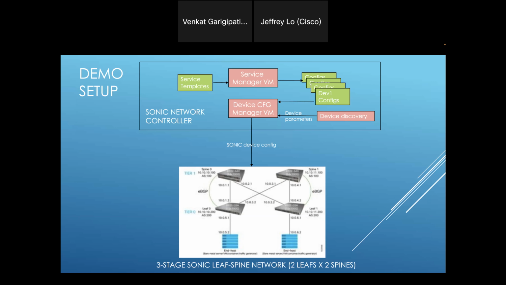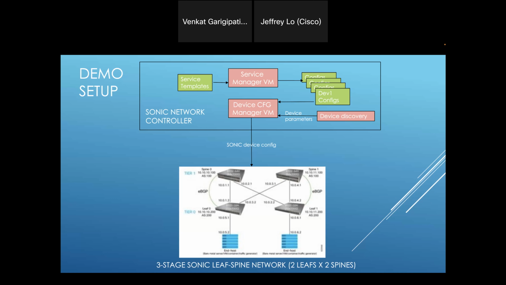From the service template file, we have a service manager logic running in a VM, which takes the service templates as input, and from there it generates the configuration for the leaf spine devices. Then there's also a device configurator, or device config manager, that is responsible for installation of this config into the devices.